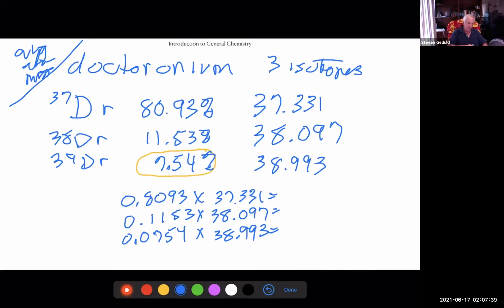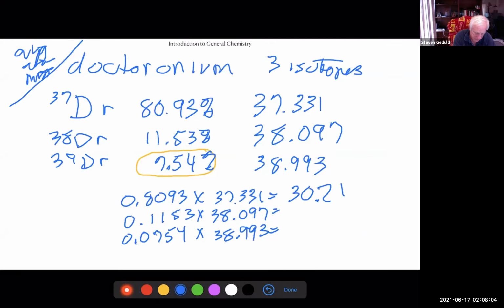So we take 0.8093 times 37.331. Right? Yeah. Equals 30.21.